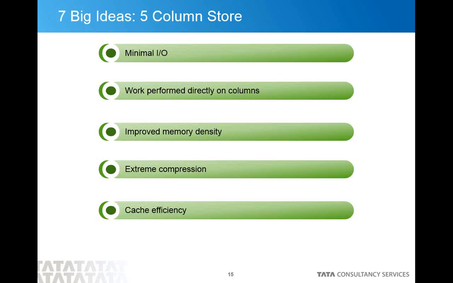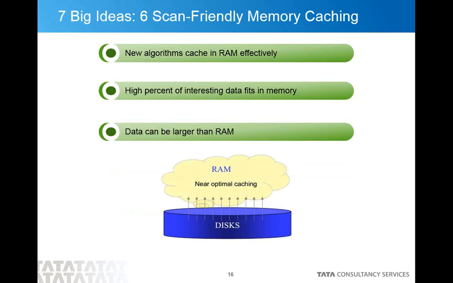Moving on to the next slide. DB2 uses a scan-friendly algorithm for memory caching. So at the first point, for columnar store, we retrieve a page which contains the column.